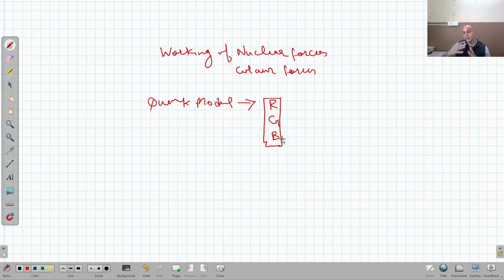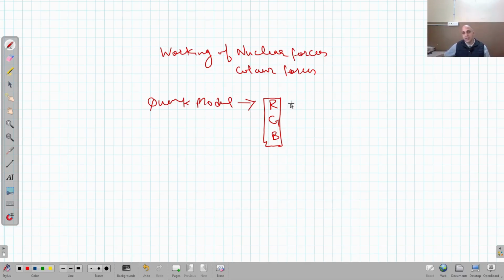So these colors actually have nothing to do with the color charge of the quarks. This color charge of the quark is totally different from the color that we see in daily life. It has nothing to do with that, right? But it has been made analogous to color, so that's why we are calling it color.